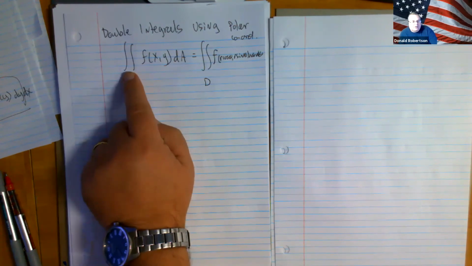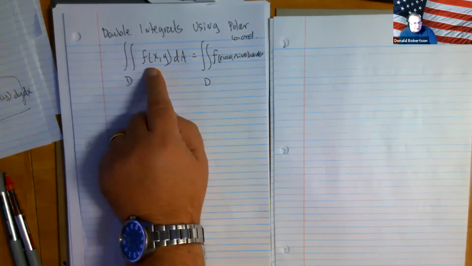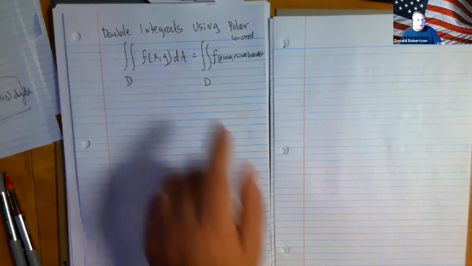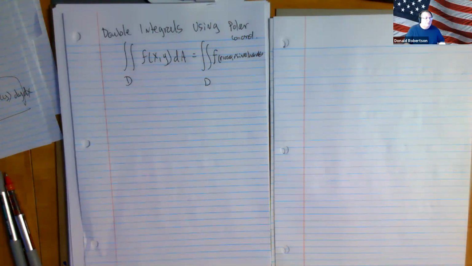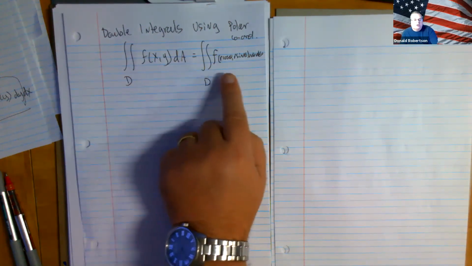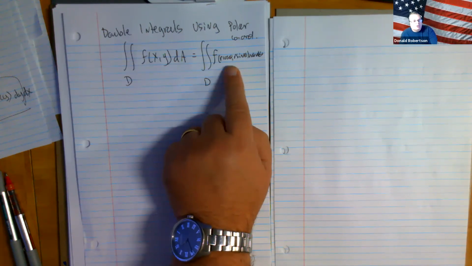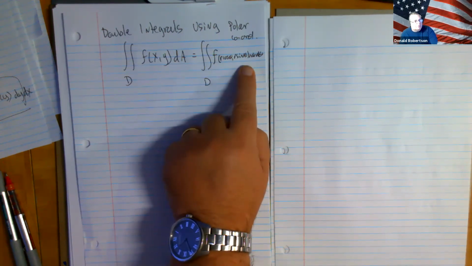If you want to find a double integral over some region D, but your function is given in terms of x's and y's, like x squared plus y squared or 2 sine x or something, dx dy, basically, it's like a change in variable, and you can do it in terms of polar coordinates.